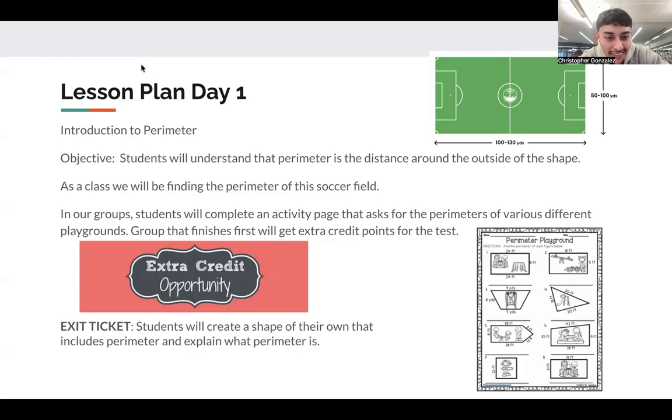In our groups, students will complete an activity page that asks for the perimeters of various different playgrounds. The group that finishes first will get extra credit points. And on the bottom right is the activity page that we'll be using for the class. And we also will be implementing an exit ticket. Students will create a shape of their own that includes perimeter and explains what perimeter is.